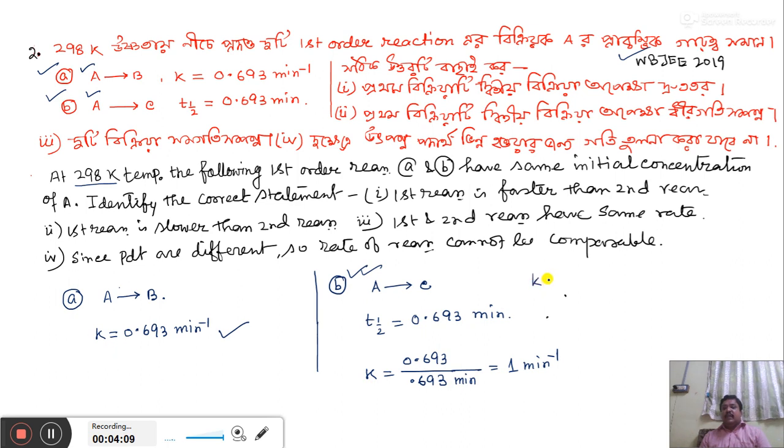Since K is higher in reaction B, reaction B is faster and reaction A is slower. In reaction A, K is less, so the reaction is slower. In reaction B, K is high, so the reaction is faster. So option B is the right one: the first reaction is slower than the second reaction.